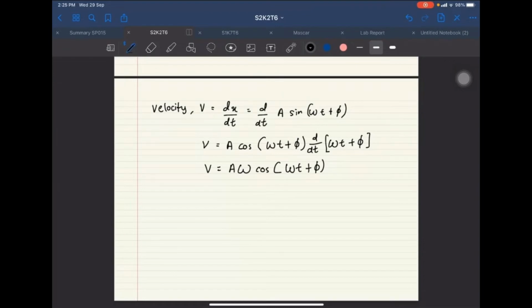Maybe saya boleh tulis kot kat sini so that kamu boleh ingat. So contoh d dt cos, A kata contoh d dt sin A, d dt negative sin AT.